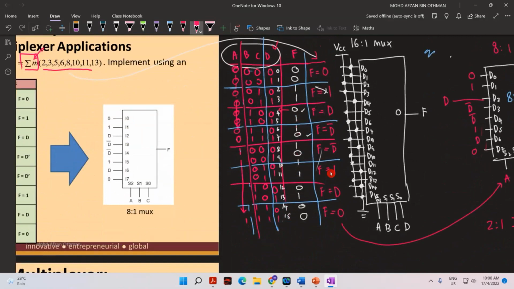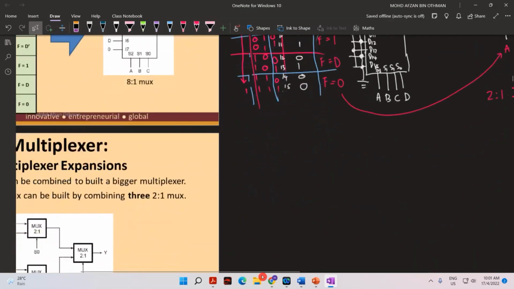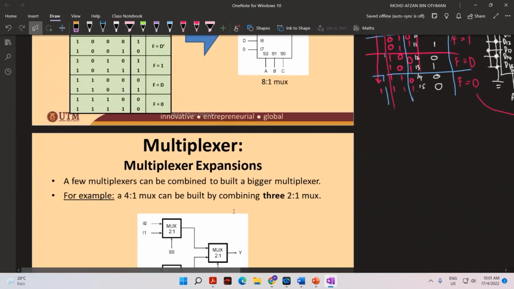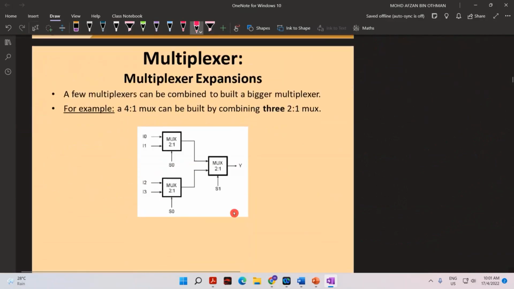Kamu hanya ada 8:1 mux, 4:1 mux saja. So instead of using a 16:1 mux, you can use the 8:1 mux to make it act as a 16:1 mux. So that's what we call a multiplexer expansion, to build a bigger multiplexer by combining a few smaller multiplexers.